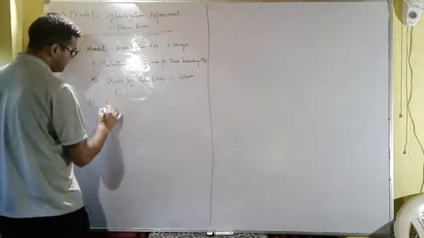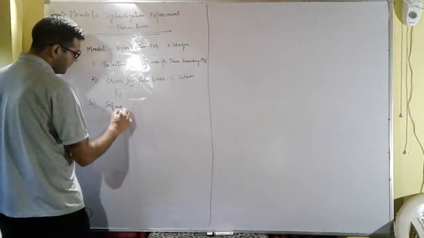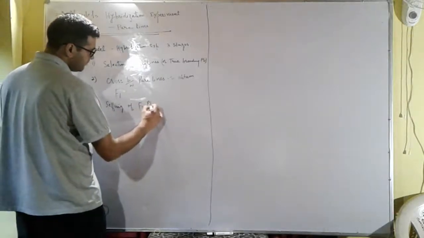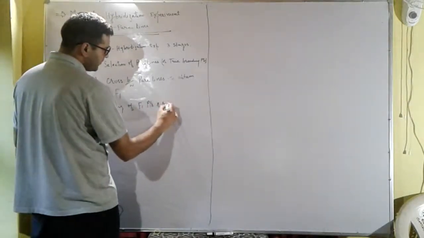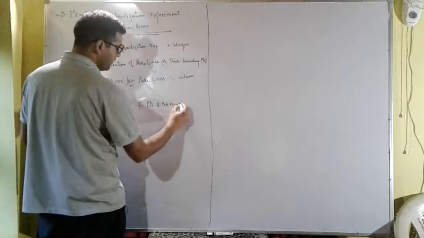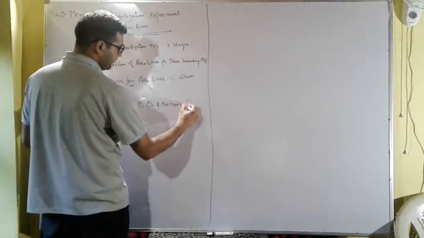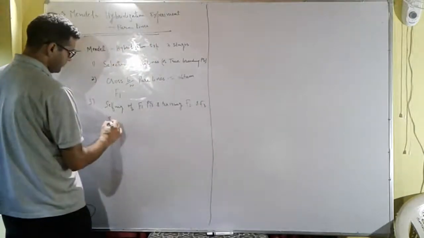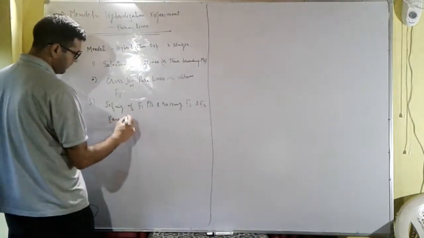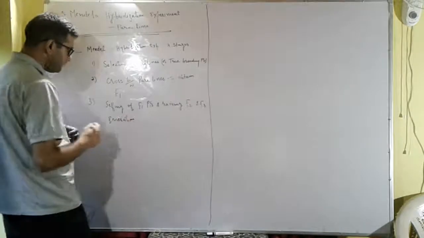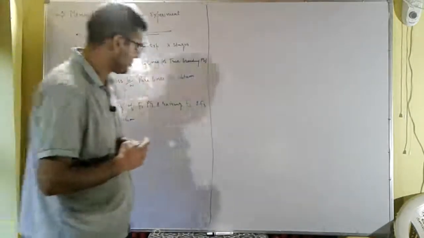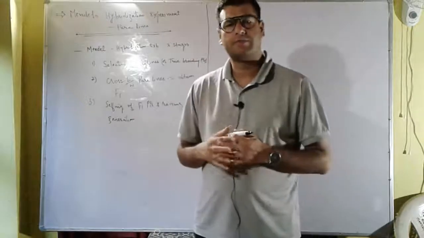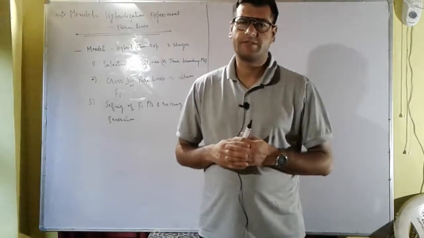Third is selfing of F1 plants and raising F2 and F3 generations. So these were the steps which Mendel followed during his hybridization experiments.